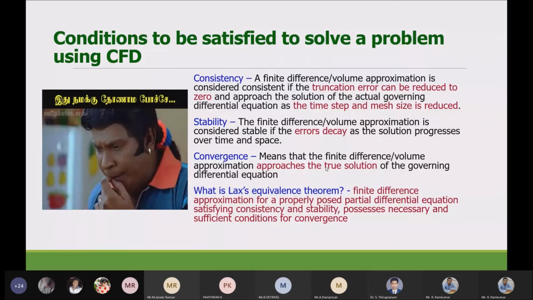Then the third one, convergence. This is true if your solution approaches the true solution. What do you expect? If you try solving something analytically, you will have one particular solution. If you say x minus y is equal to 1 and x plus y is equal to 2, then if you add both of these equations, you will get x is equal to 1.5, and find the value of y by substituting 1.5 in the equation.